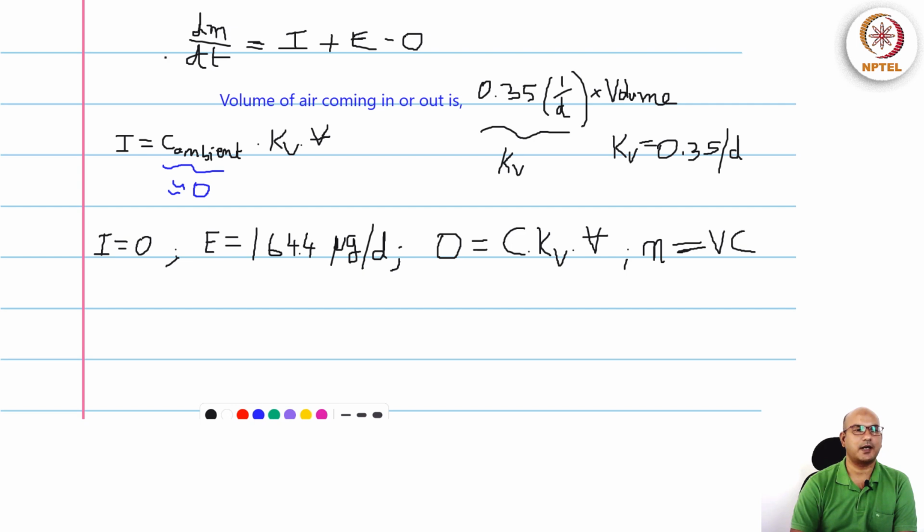So how will our mass balance equation now look? Volume does not change with time, so dm by dt will become V dc by dt equal to I, which is 0, plus E minus output.